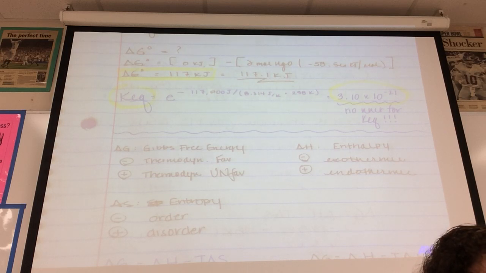I forgot the negative sign. Negative 117,100 divided by 8.314 times 298, close parentheses. Is that what you said when you did it?